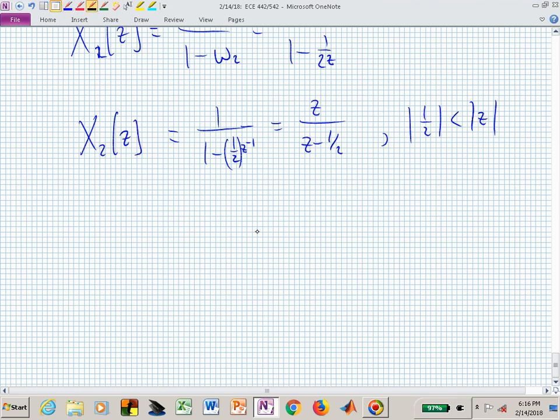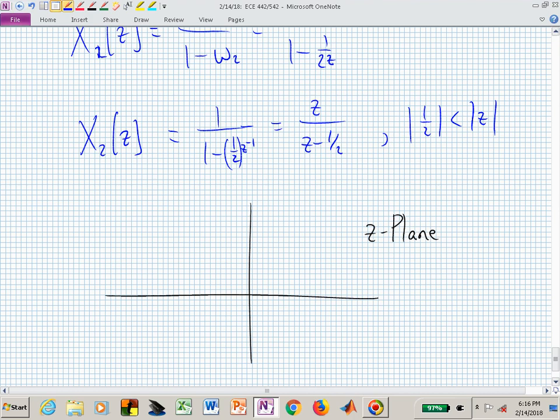Let's now sketch that pole zero diagram and the region of convergence. Do I have any finite zeros? The zeros really don't matter, but I just want you getting comfortable, because that last one was inside the region of convergence, wasn't it?